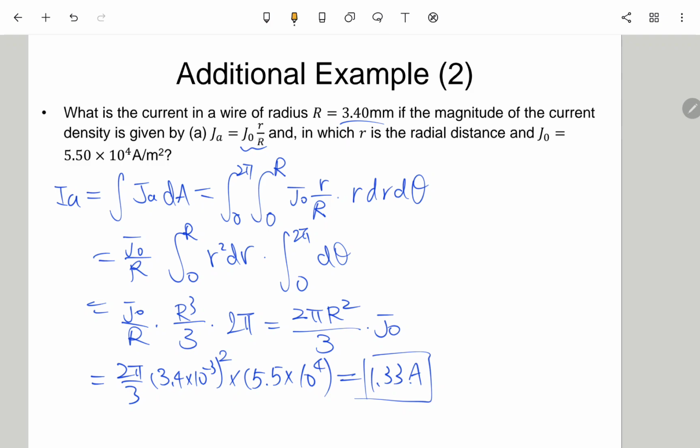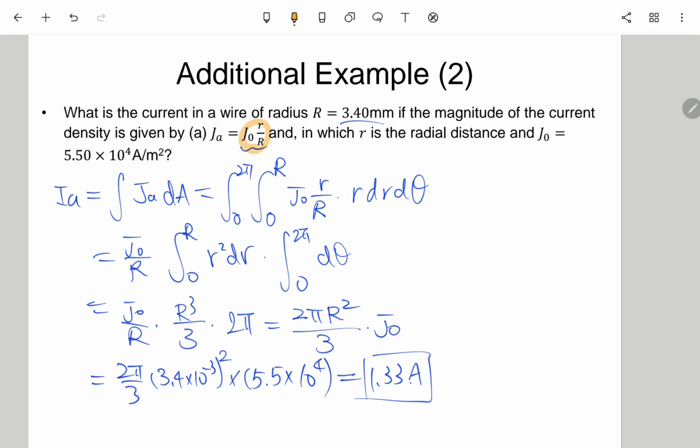So the question here is that this current density is not a constant. It is related to the radial distance. So we need to use the integration to find the total current across this wire.